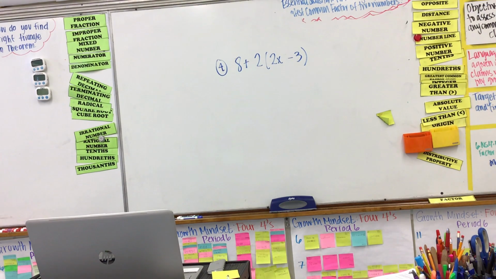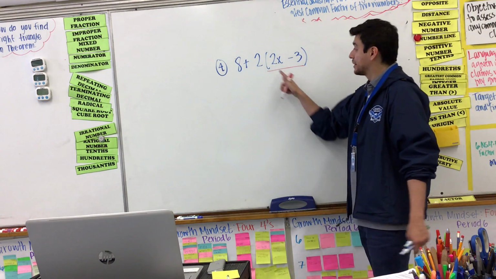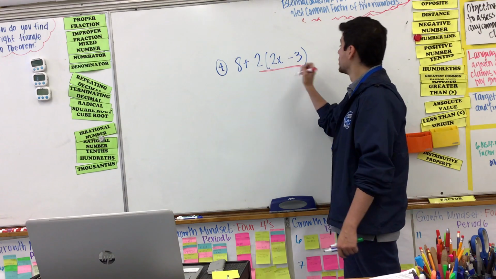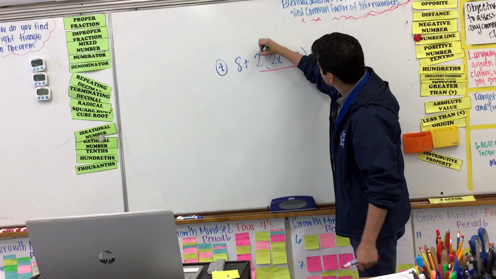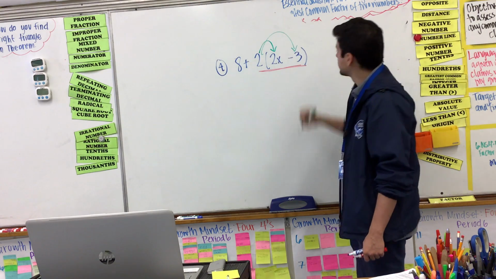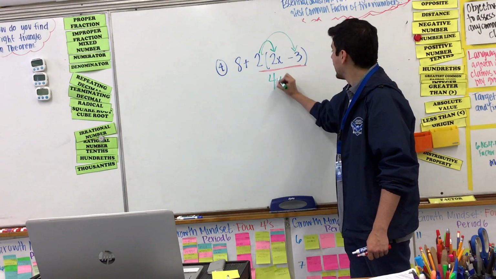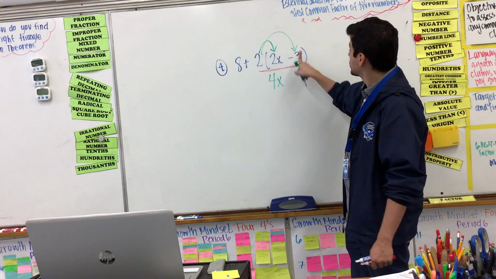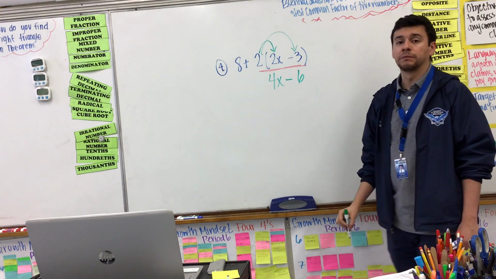Remember, we always do parentheses first. So in this case, here is our parentheses. But notice that the 2 is attached to the parentheses. So we have to do this section first. So we're going to do the distributive property, which means multiplication. So 2 times 2x will give me a 4x. 2 times 3 will give me a 6. And then I just bring down the minus. There it is.